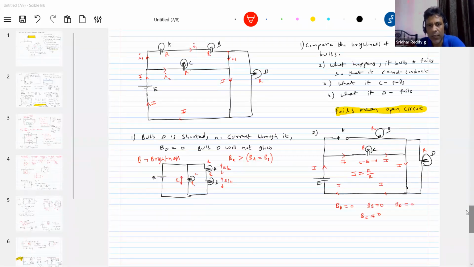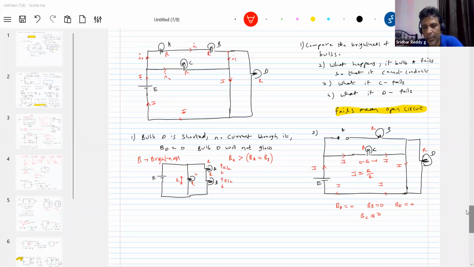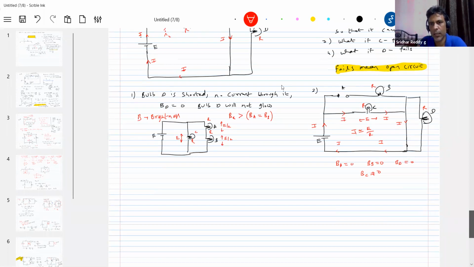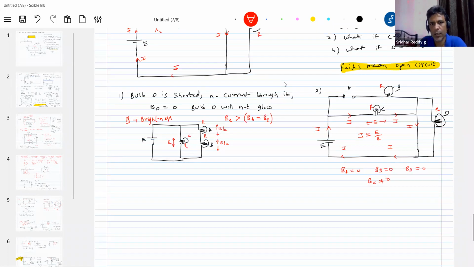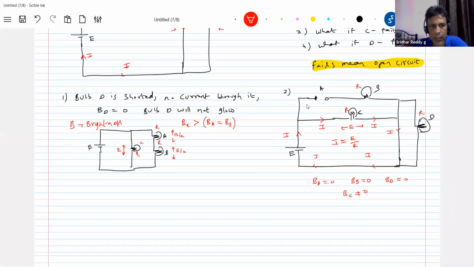Now, what if C fails? What if C fails means make bulb C an open circuit. What if D fails? I'll discuss the third case. Okay, third one. What if C fails?